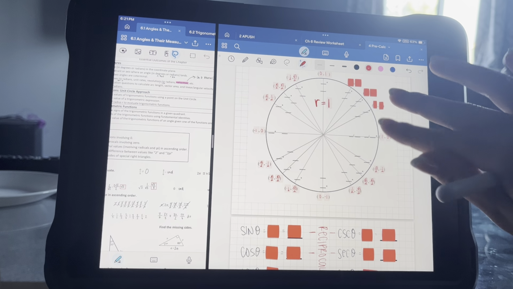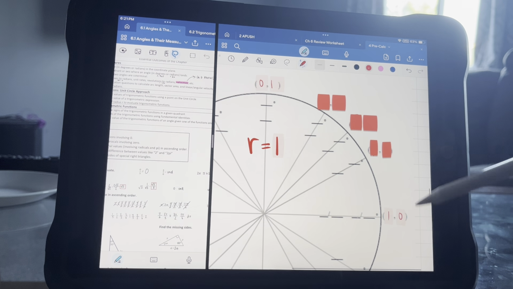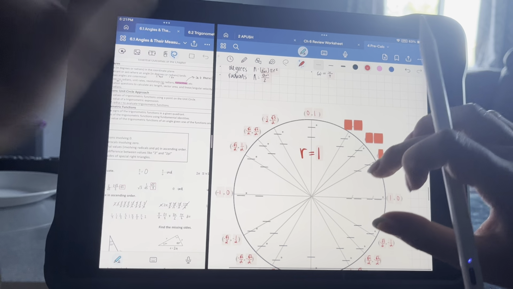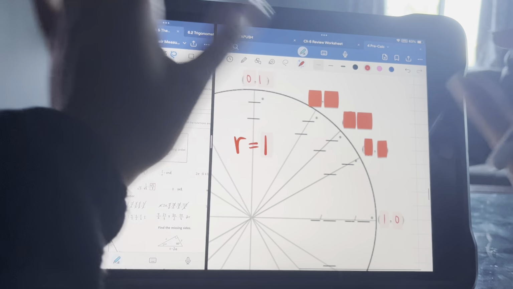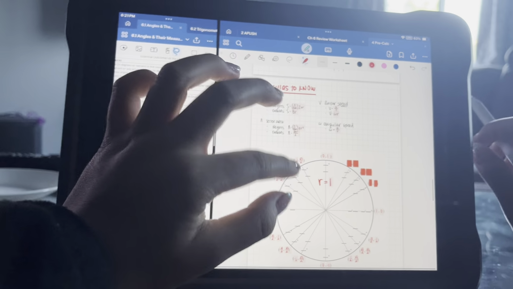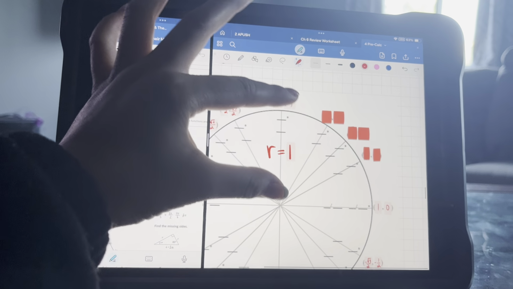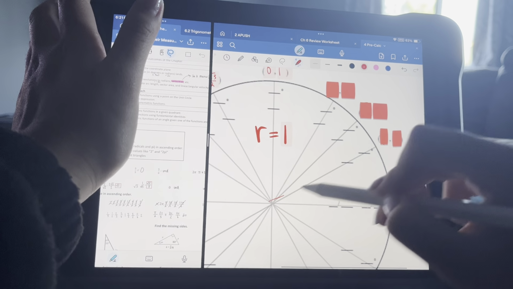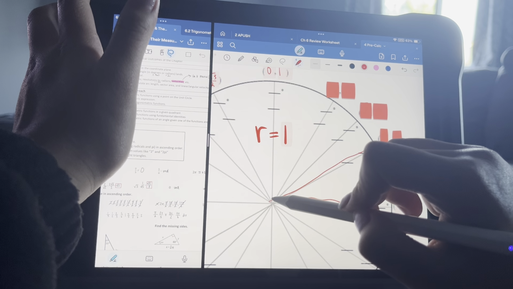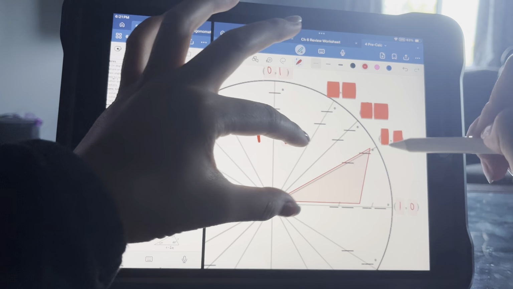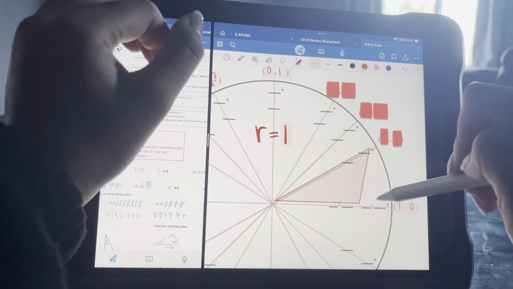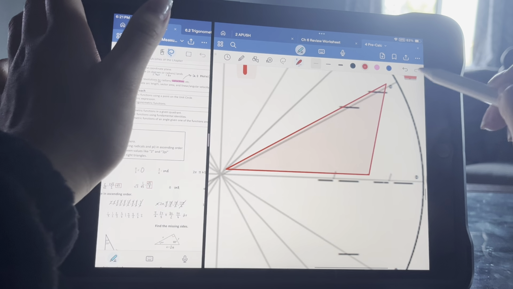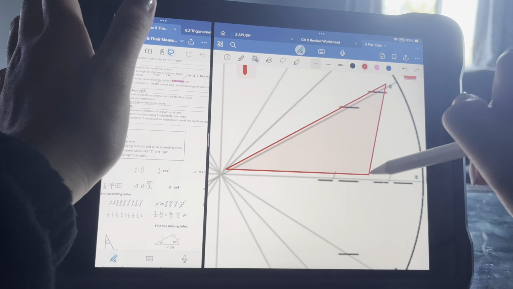Those coordinates are kind of self-explanatory. For this, however, this creates a triangle right here. This is 30 degrees, 60 degrees, and a 90.